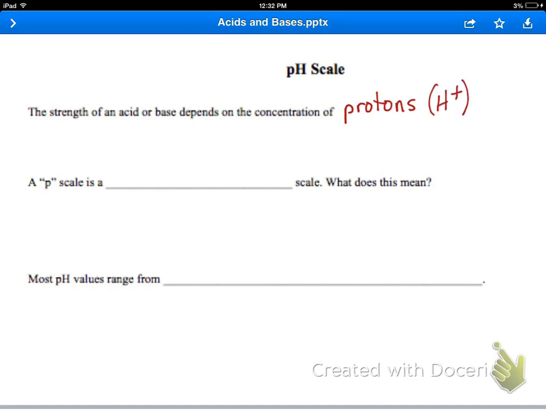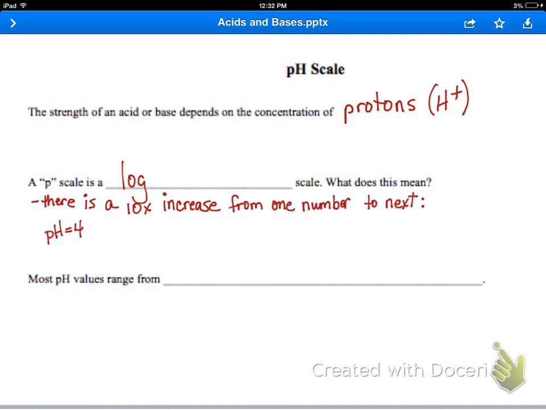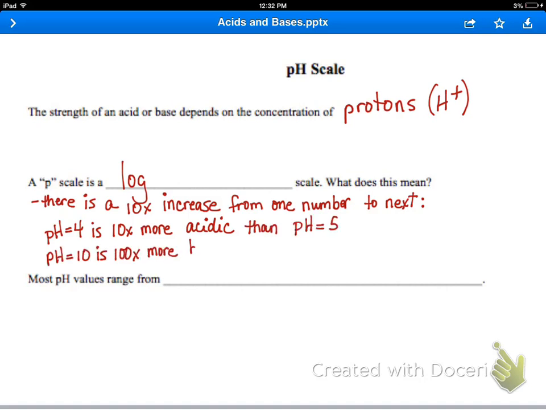Okay, the pH scale. The strength of an acid or base depends on how many protons it has, and protons, remember, are H pluses. That's a hydrogen with a plus charge. The pH scale is a log base scale, and what that means is that between each number there's a 10-fold jump. So for example, going from pH 5 to pH 4 is 10 times more acidic because it's a 1-number jump.